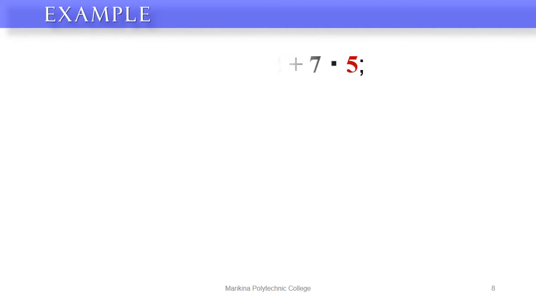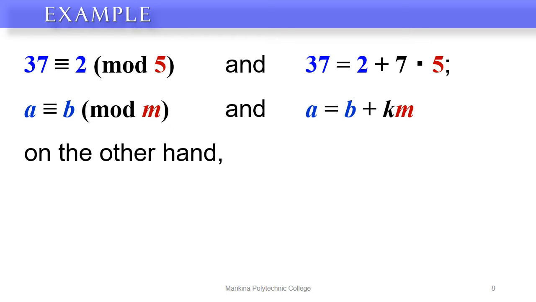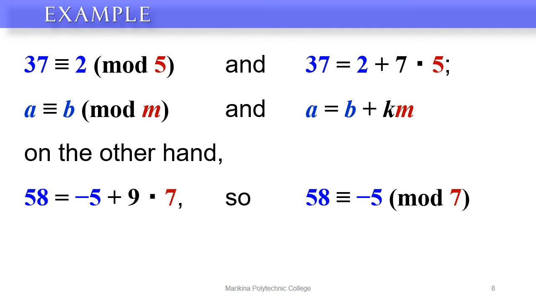For example, 37 is congruent to 2 modulo 5 can also be expressed as 37 equals 2 plus 7 times 5. On the other hand, 58 equals negative 5 plus 9 times 7.